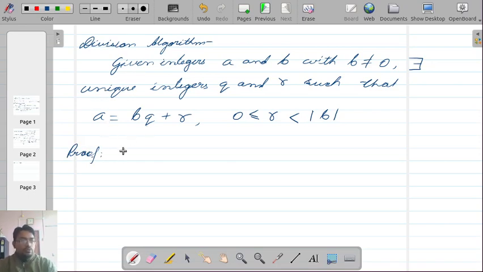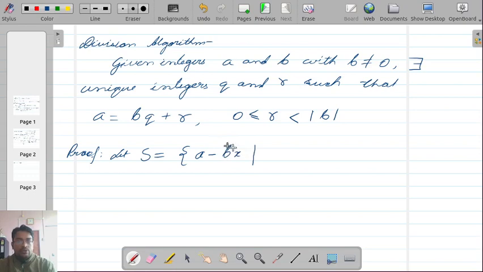Okay, so we start with the set. Let S equal to this set. So what we do is you take this bq to the other side and consider a collection of integers of this type. The set S equal to a minus b into some x.